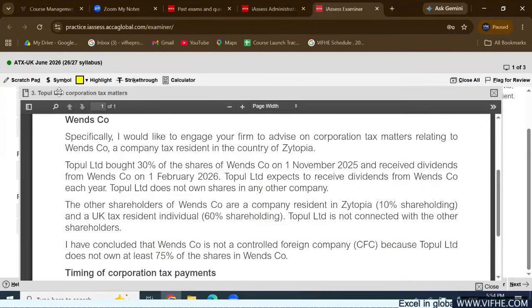Here we are talking about Topol Limited having a 30% holding in Vendsco, but could you see that the other shareholder of Vendsco is resident in Zootopia, in which they have got 10% shareholding, while the remaining 10% shareholding is held by a UK resident individual.